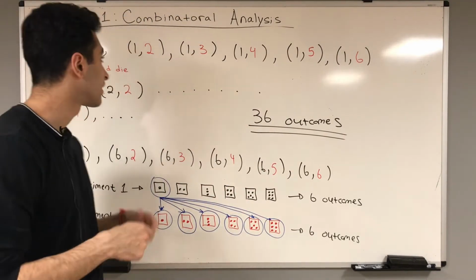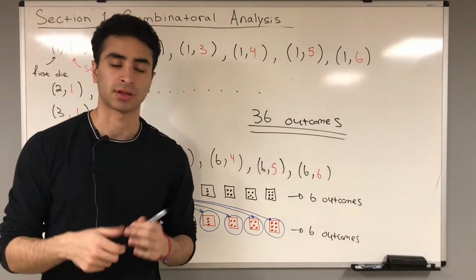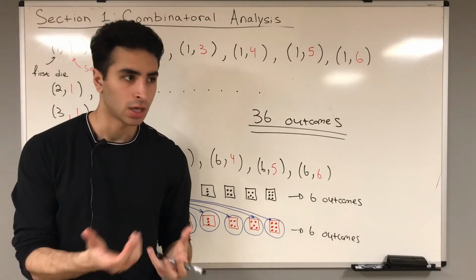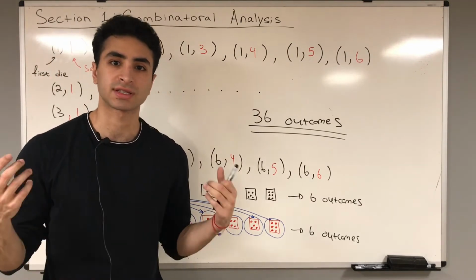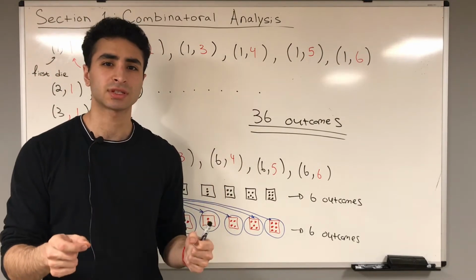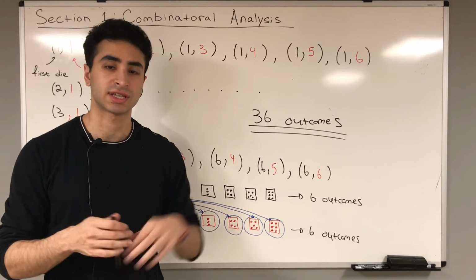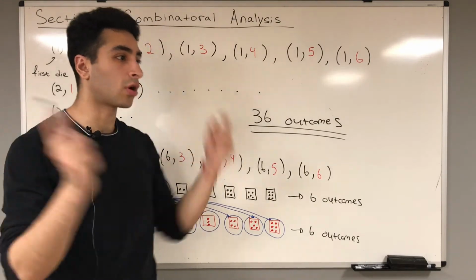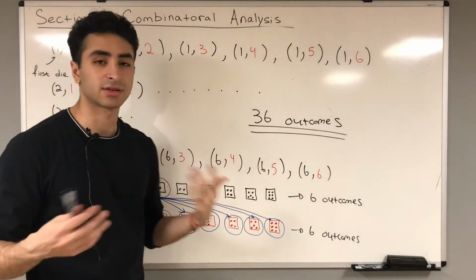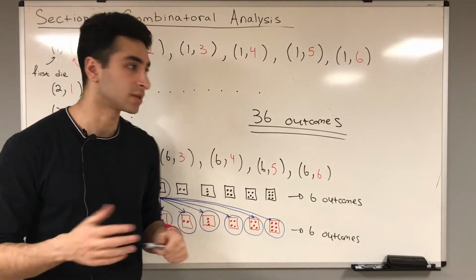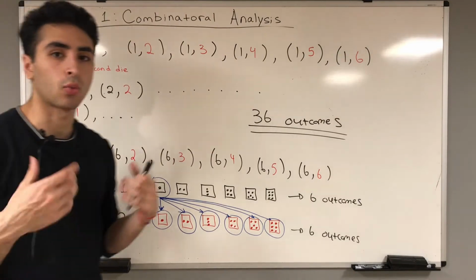So this is why we need combinatorial analysis. This is the whole gist of it. We don't want to list out all the outcomes, because it's going to take too long, and sometimes it's impossible. Sometimes it just takes longer than a human can live. And this example, it took us probably around 5 minutes. And other examples can take way longer.